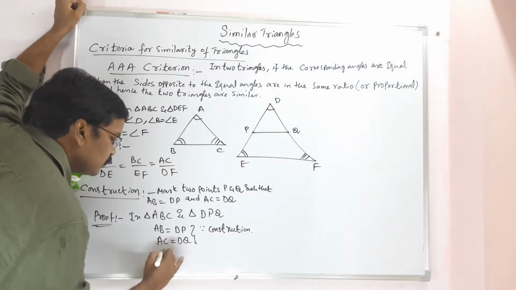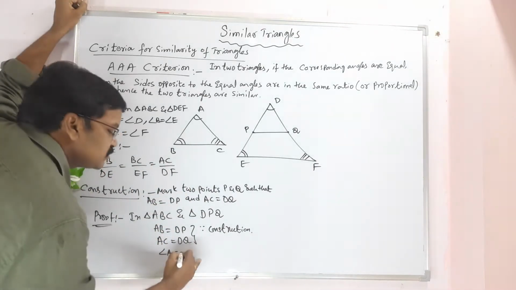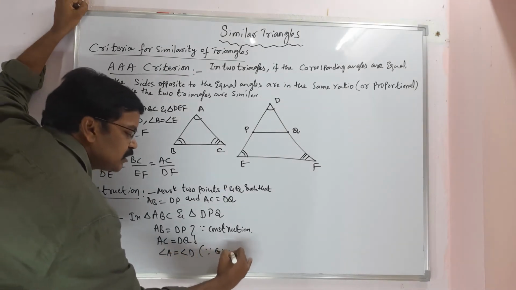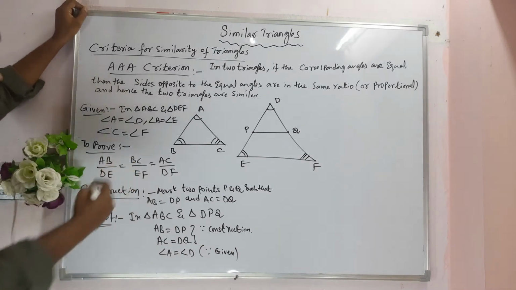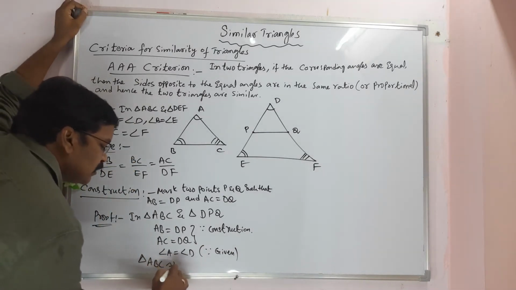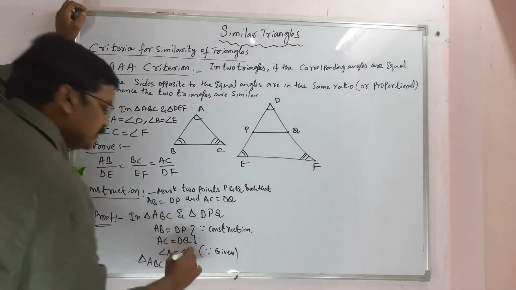And what is given here? Angle A is equal to angle D, since it is given in the statement. Then we can say triangle ABC is congruent to triangle DPQ.